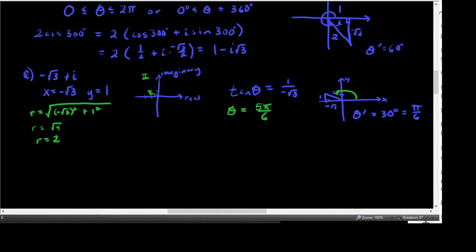Okay, so that means that the polar form for negative square root of 3 plus i is r times the cosine of the theta we found in the correct quadrant plus i sine of that same angle.